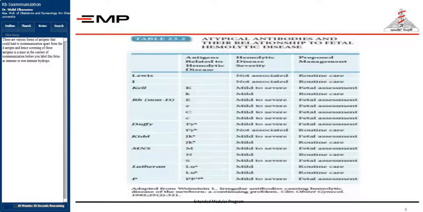And many of them are involved in the hemolytic disease severity. So some of them have a mild to severe form of hemolysis, like the non-D RH antigens and the Duffy and the Kidd antigens, and others are not associated at all, like the Lewis and the I antigen. We're going to have a detailed talk about this graph or this figure in the face-to-face presentation.